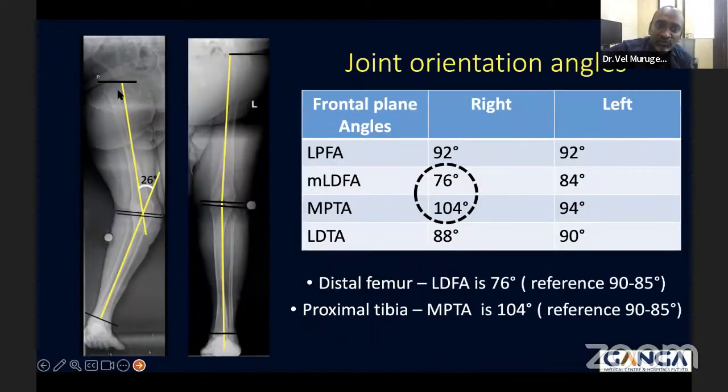Then we draw the individual mechanical axes of the femur and the tibia to identify where the deformity is. We also join the joint orientation lines to measure the joint orientation angles. We find that the mechanical lateral distal femoral angle was 76 degrees, about 12 degrees less than the normal reference value, and the medial proximal tibial angle was about 104 degrees, about 14 degrees more than normal.